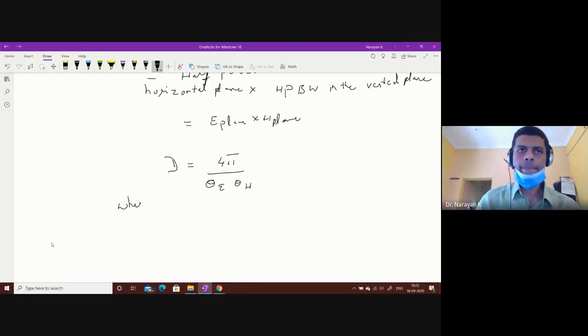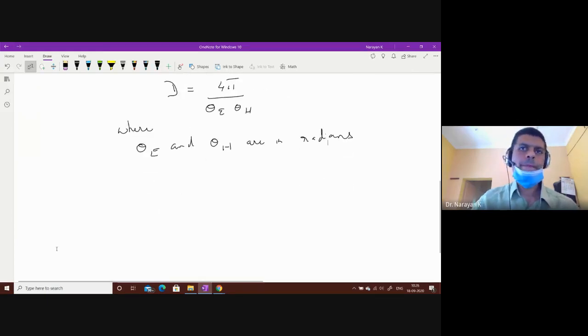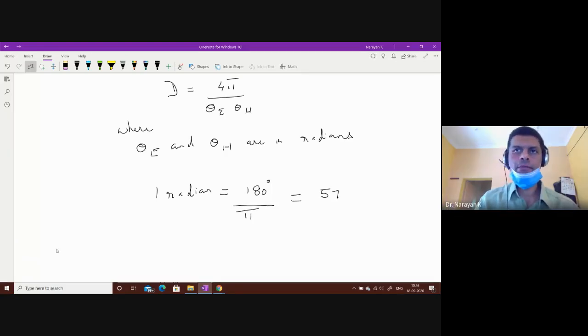Where theta E and theta H are in radians. Okay, so one radian of the solid angle is equal to 180 degrees divided by pi, so this will be 57.295 degrees. So this above equation is in radians.